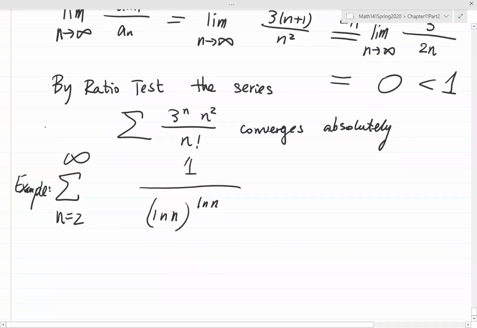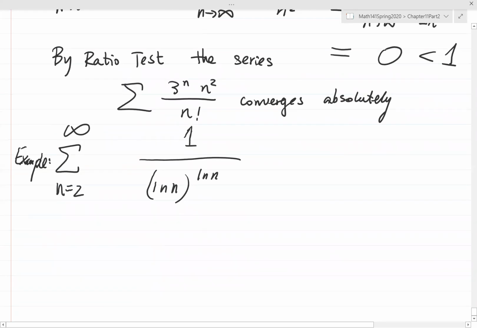Now the numerator 1 has nothing to determine. It suffices to study how big the denominator is. How big can log n to the power log n be? This is the question.